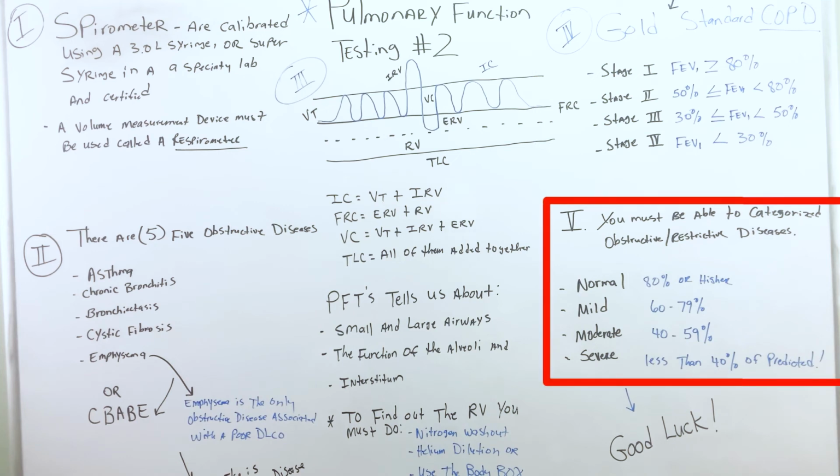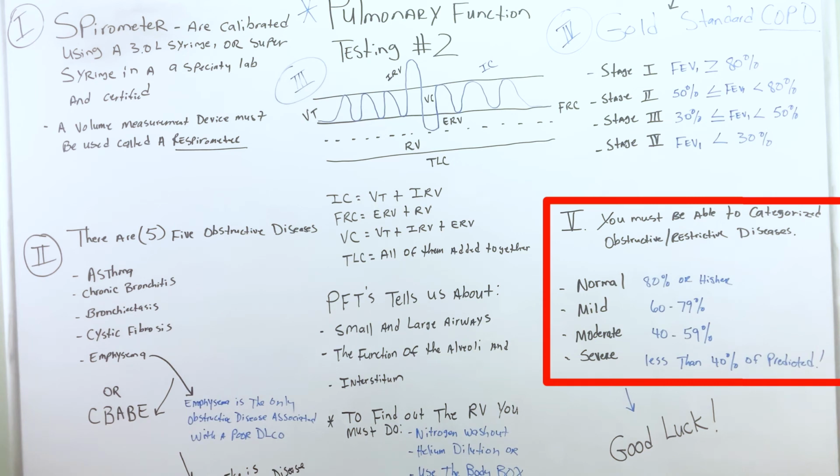And number 5, you will also have to categorize obstructive and restricted disease. You must know these by number. Normal for both is 80% or higher. When you have a mild obstruction or mild restriction, then the numbers are 60 to 79%.